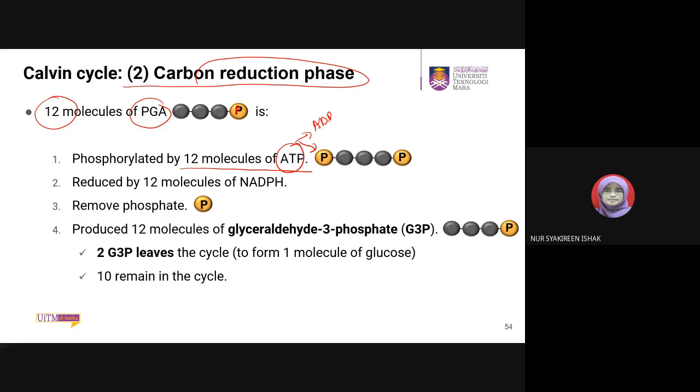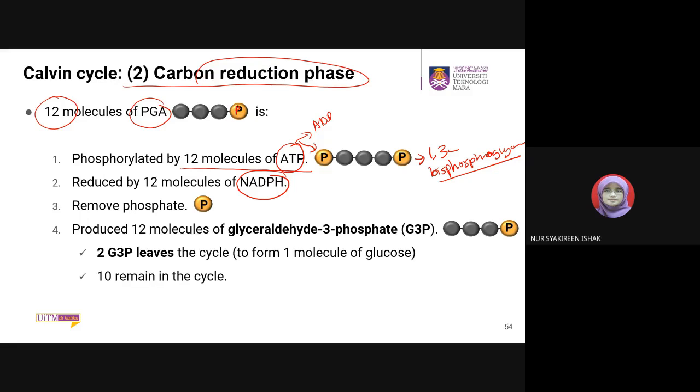So dia akan jadi a molecule, molekul ni kita namakan sebagai 1,3-bisphosphoglycerate. So these 12 molecules of 1,3-bisphosphoglycerate will be reduced by 12 molecules of NADPH.